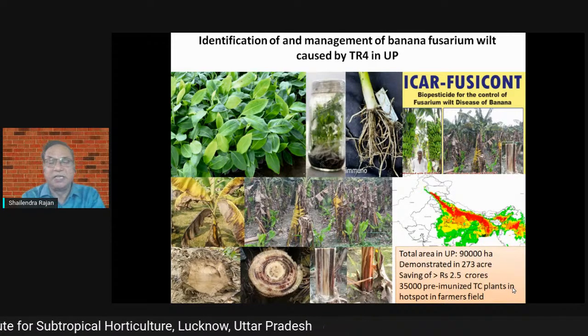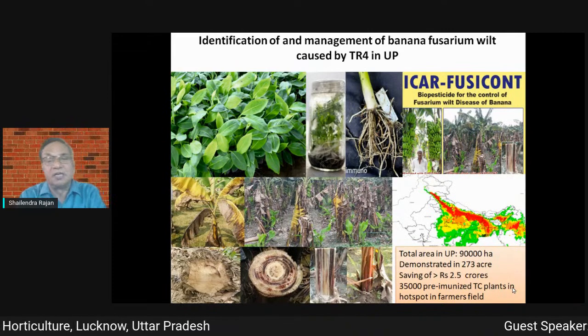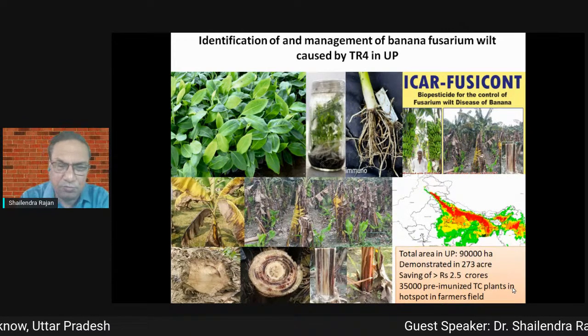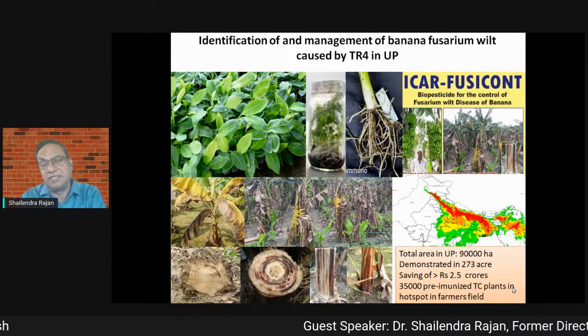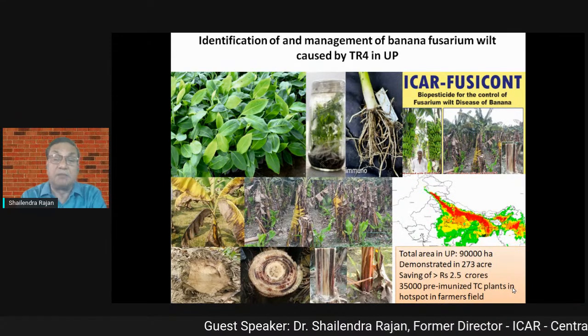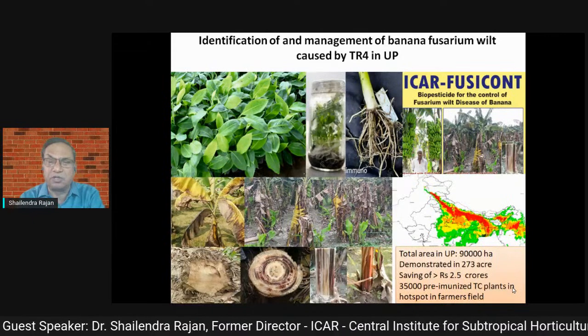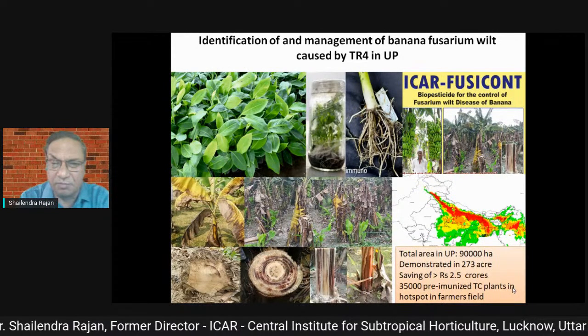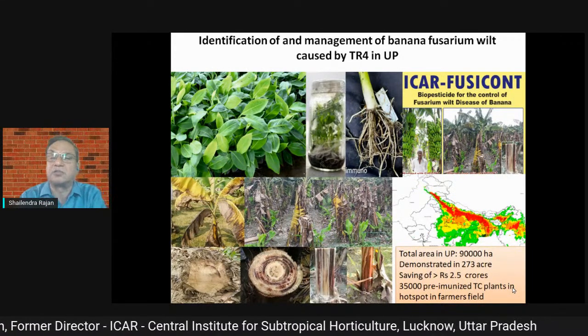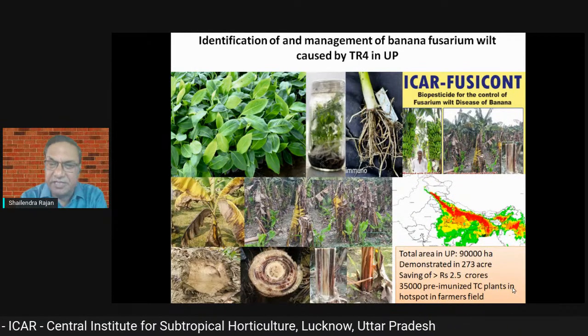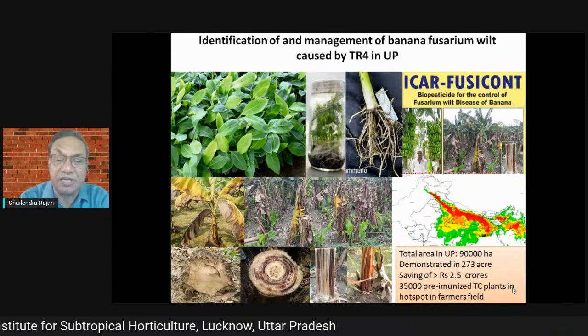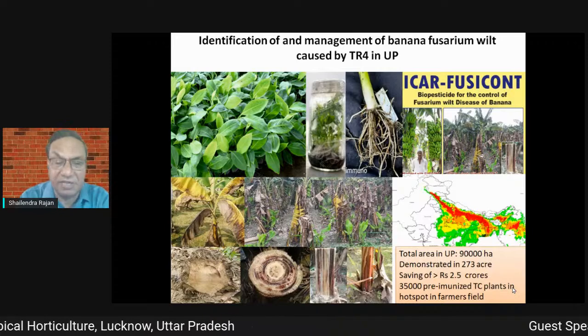Luckily, the team of ICAR-CISH Regional Station Lucknow, led by Dr. Damodaran, managed it by developing a technology, that is ICAR-Fusicon. It is a biopesticide, and it has controlled banana Fusarium wilt, particularly in the areas affected by this epidemic.